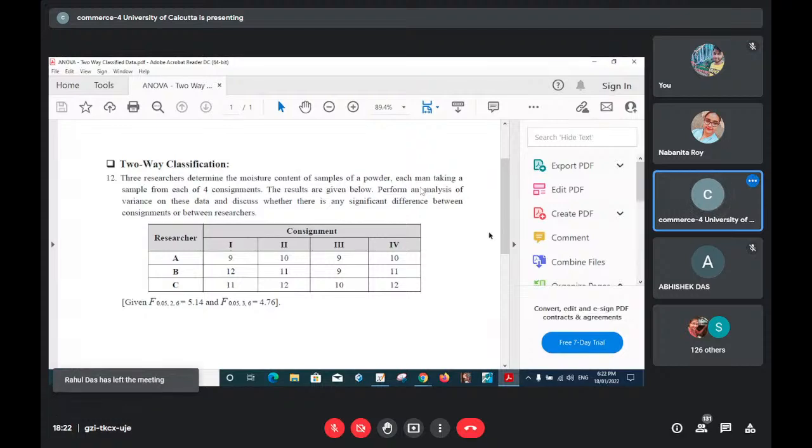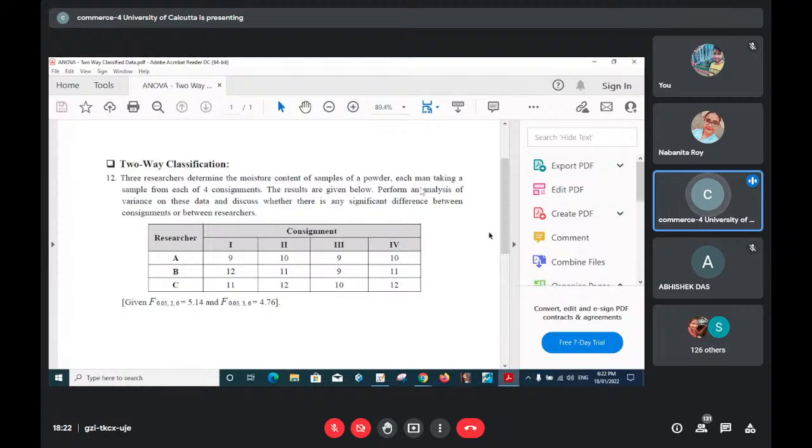But here, since the causes of variation are more than one, in this case there are two causes of variation, that's why it is two-way classified data. If it is more than two, this is also possible, but not by this way. In that case, we require statistical software packages.